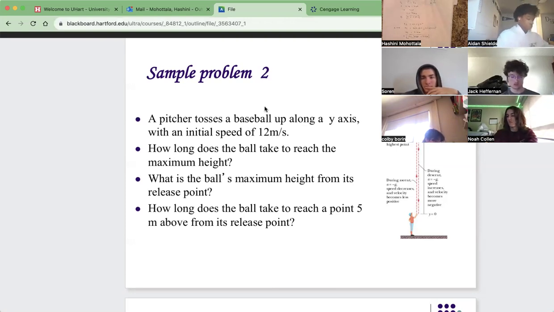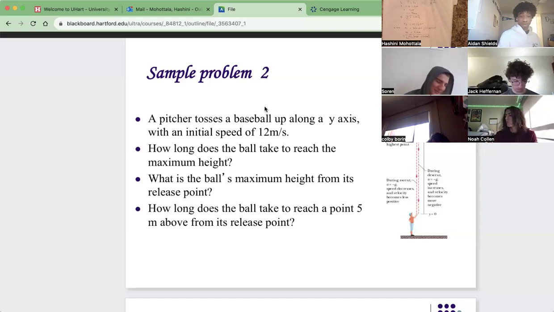I am looking for 2 times because the 5 meter happens twice in this journey. All right. So one student gave me both times. Good. Very good.